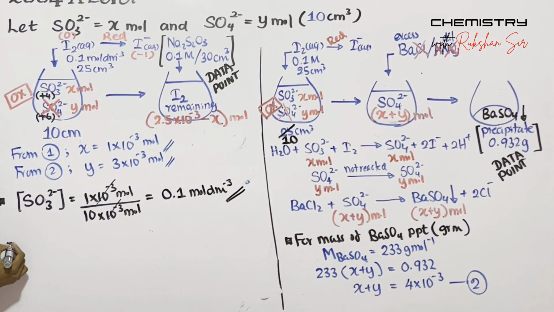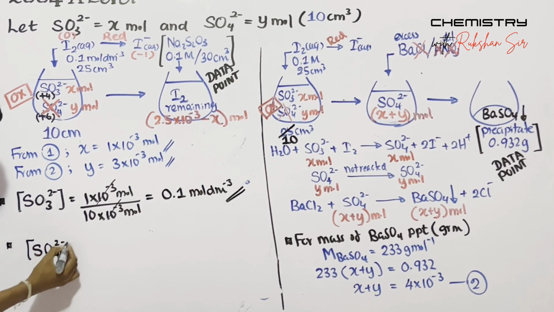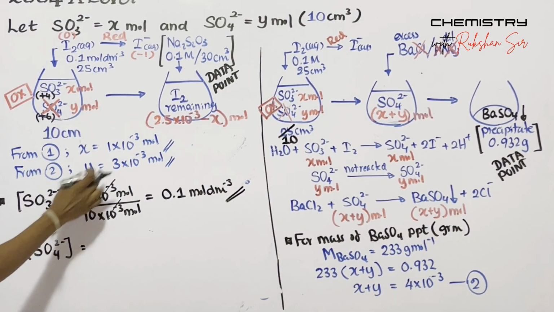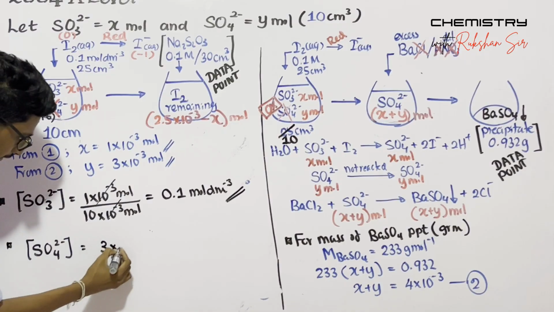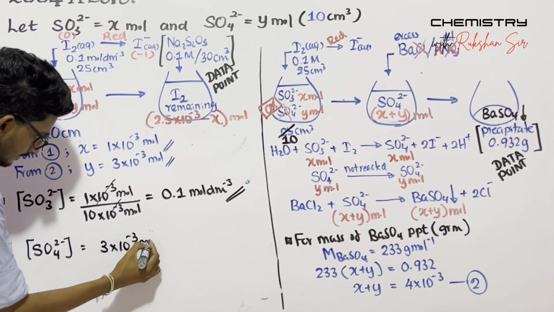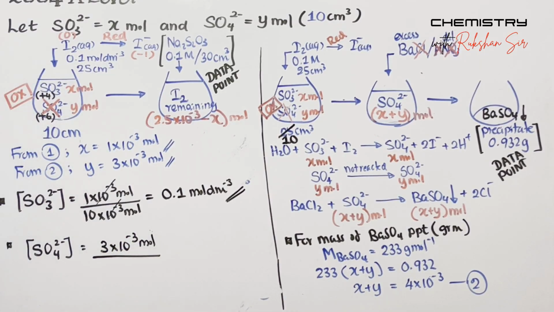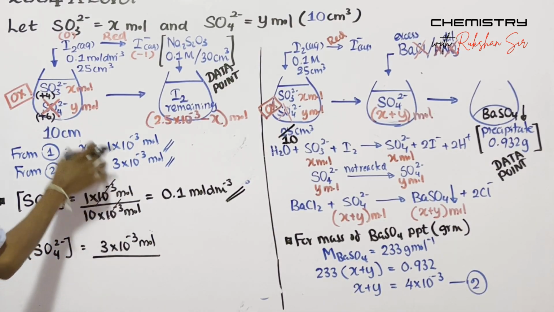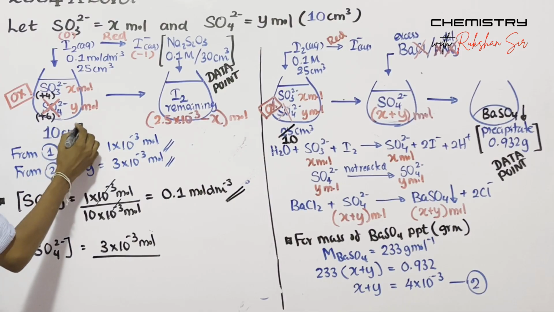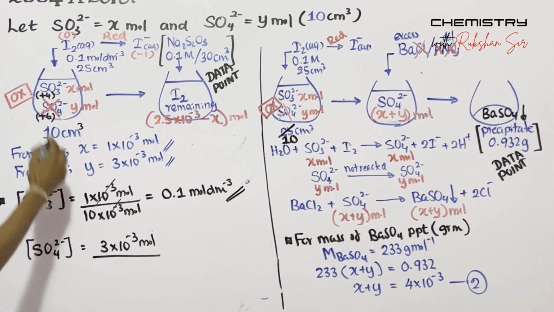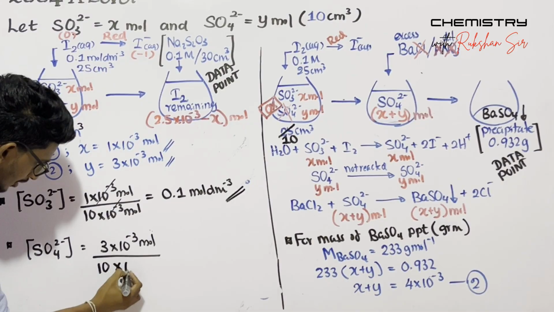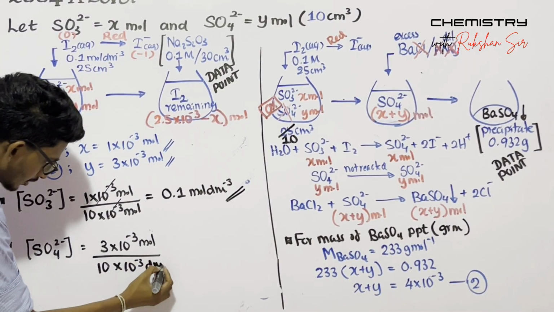What about the sulfate concentration? The number of moles of sulfate is Y moles, that is 3 times 10 to the power minus 3. The volume is 10 cubic centimeters, so 10 times 10 to the power minus 3 decimeter cubed.